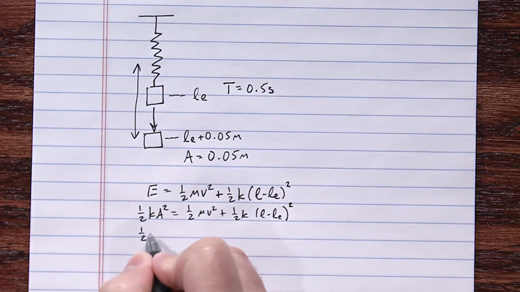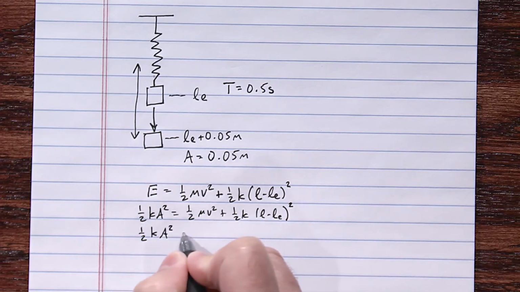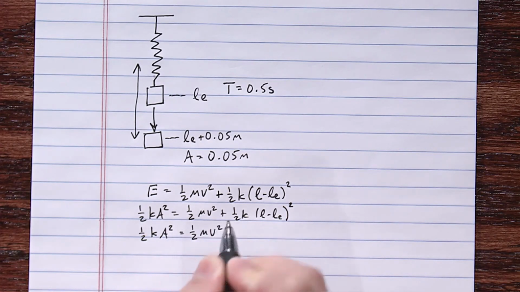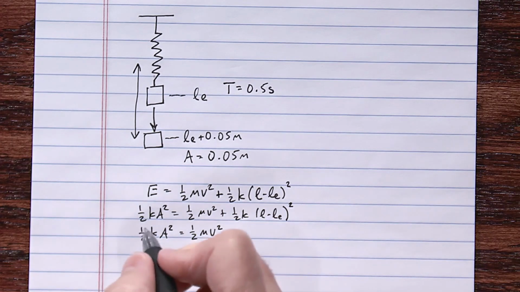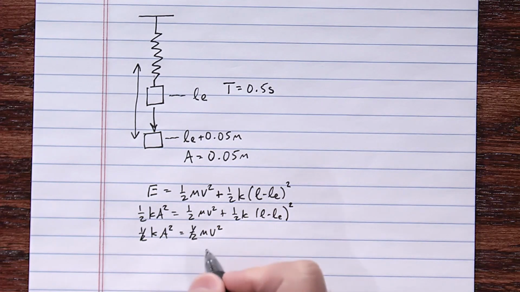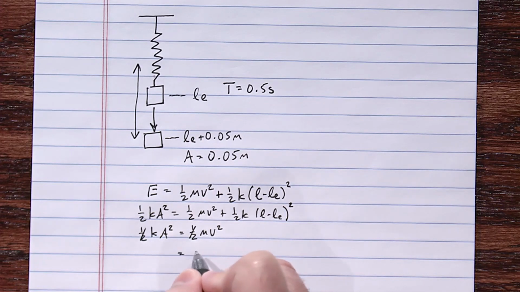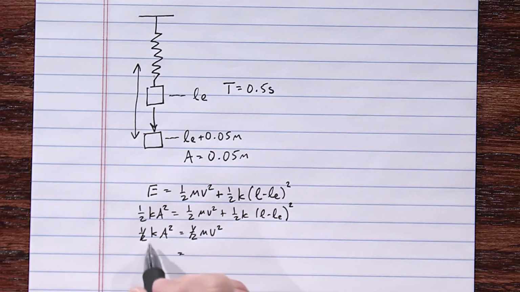And we have 1/2 k a squared is equal to 1/2 mv squared when L is equal to LE, the equilibrium length. We can divide through by 1/2, and we see that v, I'm going to divide both sides by m and take the square root, and I have square root of k over m times the square root of a squared, which is a, is equal to v.